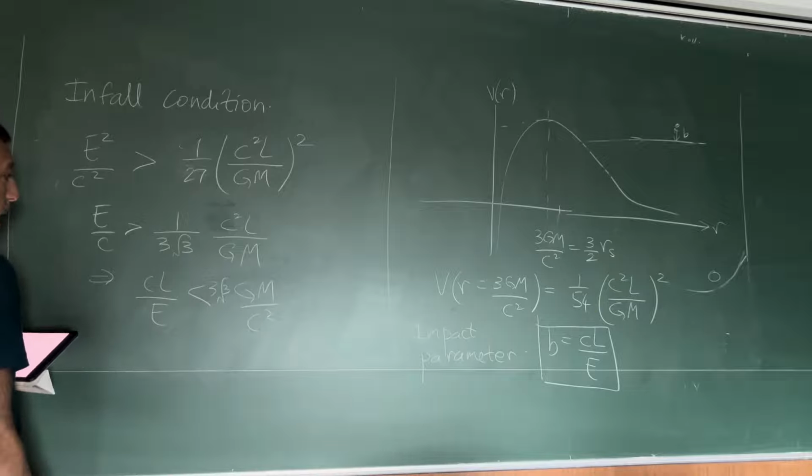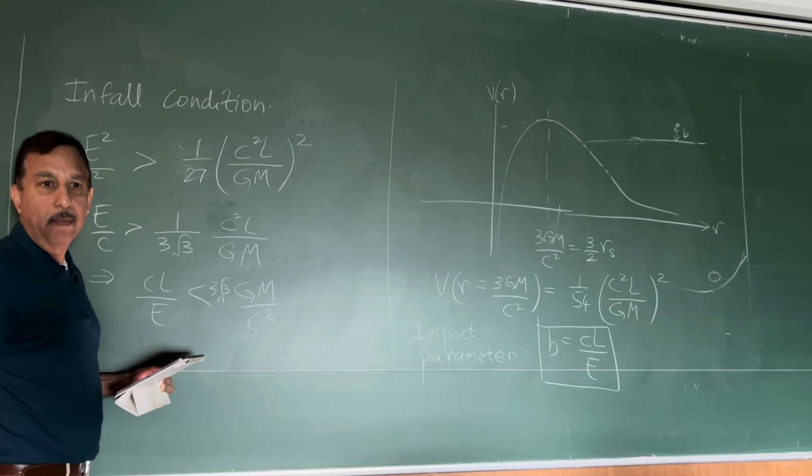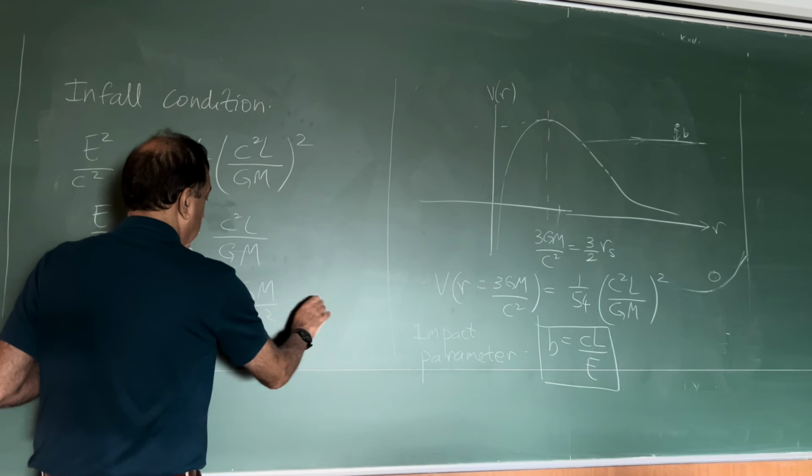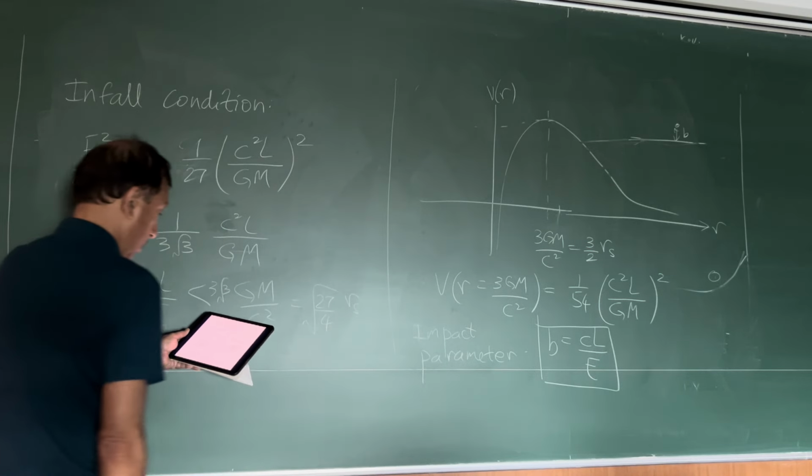And this quantity GM by c squared is half the Schwarzschild radius, which was 2GM by c squared. So this is equal to root of 27 by 4 R_S.